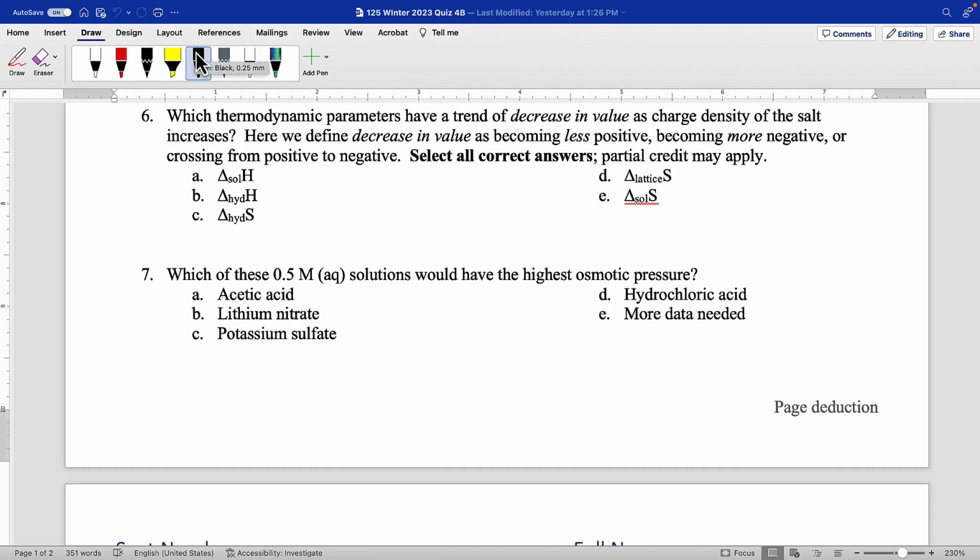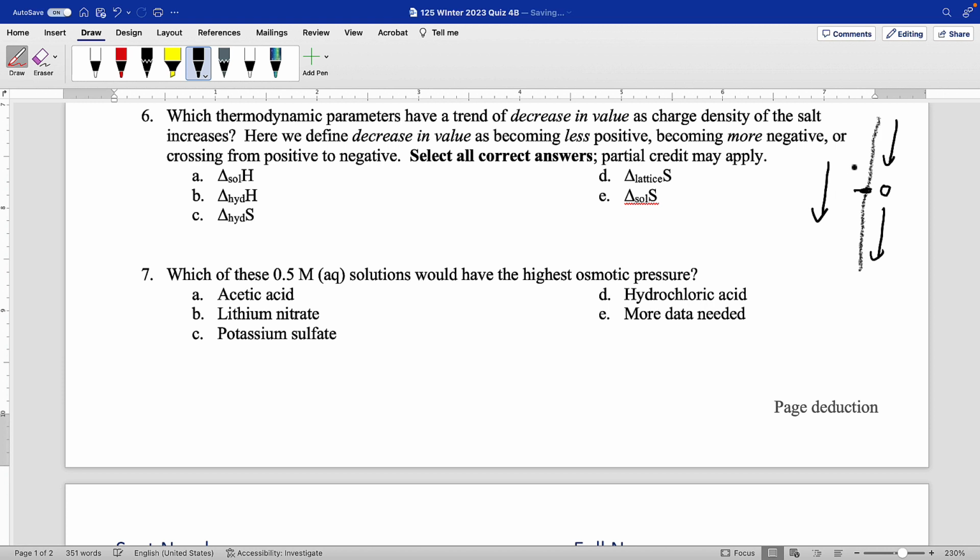Okay, so a decrease in value, we're basically thinking about a number line, and we imagine a number line here. So here's 0, get a different pen. A decrease in value could mean that we're becoming less positive. It could mean we're becoming more and more negative. It could mean that we're switching over from positive to negative.